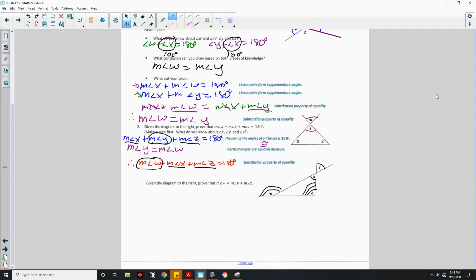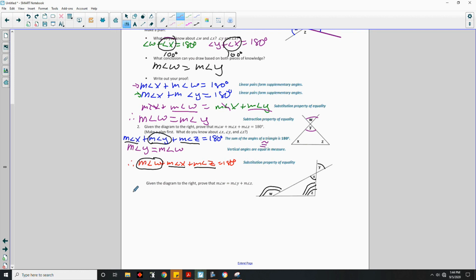So the first thing we're going to do, and I like to color code my steps. All right. What do we know about exterior angles?